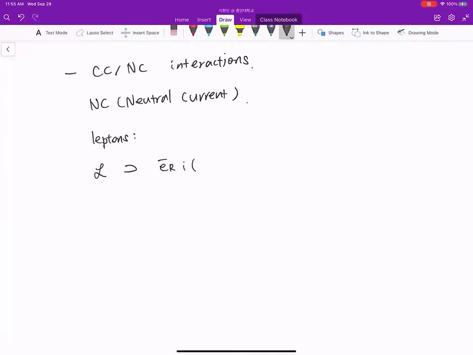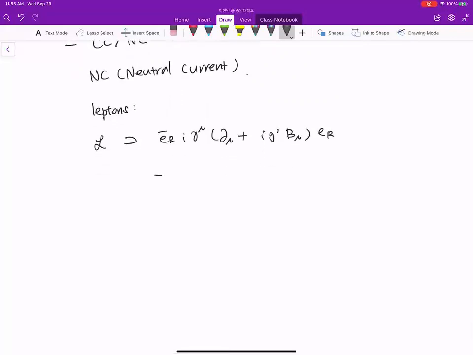From the covariant derivative of the spinors, we have this interaction to the gauge field, for the lepton singlet and also the lepton doublet. I think we can keep track of all the interaction terms.